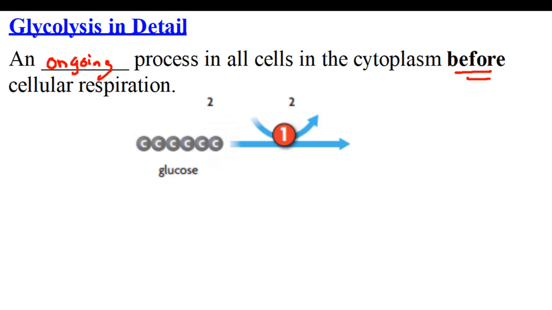What's happening here is we have ATP, adenosine triphosphate, coming in, and it's making some ADP. That high-energy molecule of adenosine triphosphate is coming in, and it is breaking my bonds to make two 3-carbon molecules.